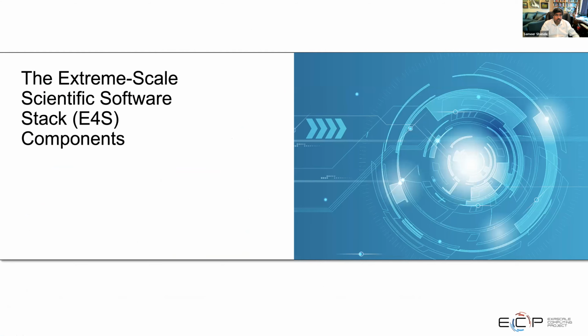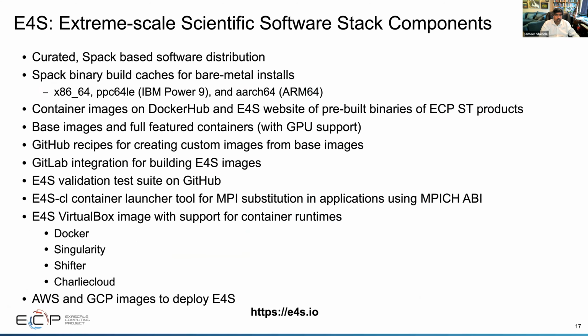The components of E4S are a curated Spack-based software distribution. And Spack build caches, binary build caches for bare metal installs or containers for multiple platforms, including x86-64, PPC64LE, and we are targeting AArch64 in FY22.